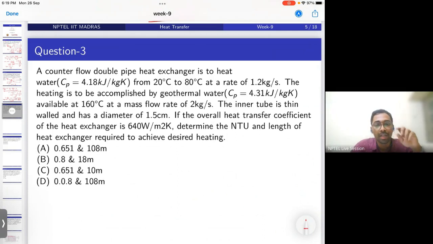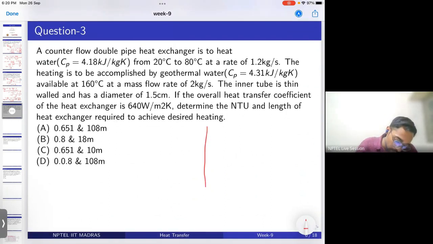The heating is to be accomplished by geothermal water, whose specific heat is different, available at 160 degrees Celsius at a mass flow rate of 2 kilogram per second. The inner tube is thin walled and has a diameter of 1.5 centimeters. If the overall heat transfer coefficient is 640 watts per meter square Kelvin, we need to determine the NTU and the length of the heat exchanger required to achieve this desired heat transfer.